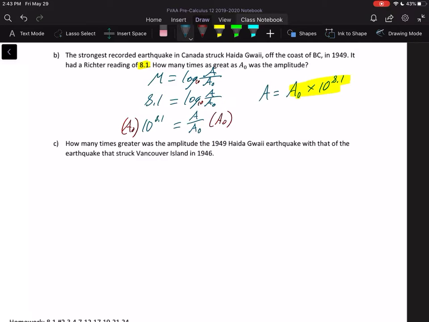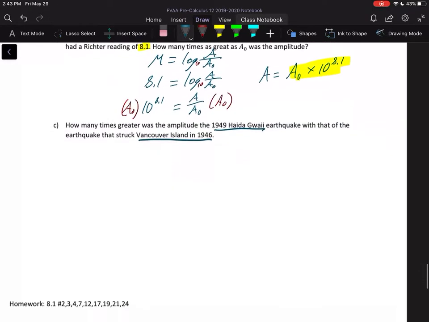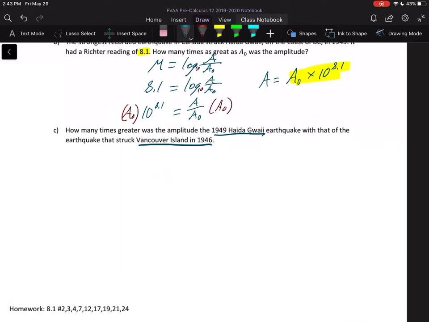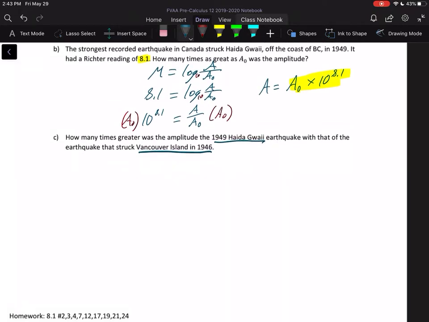Lastly, we want to compare the two: how many times greater was the amplitude of the earthquake in Haida than that of the earthquake that struck Vancouver Island? Here we want to base the comparison on A0, the standard earthquake.